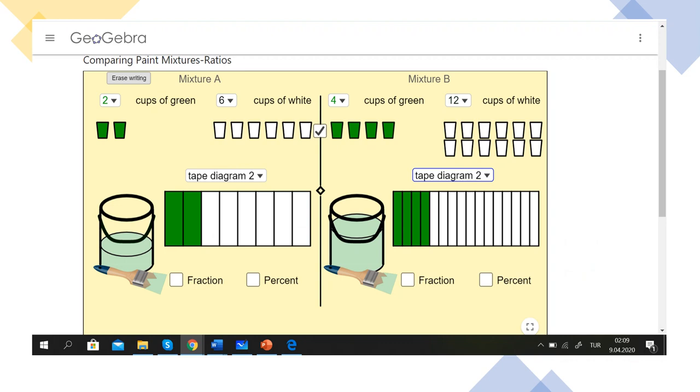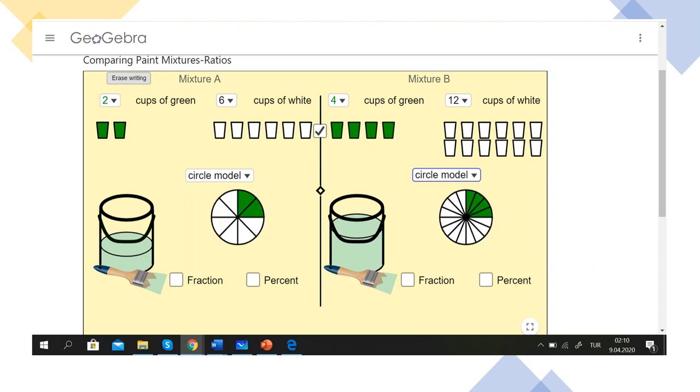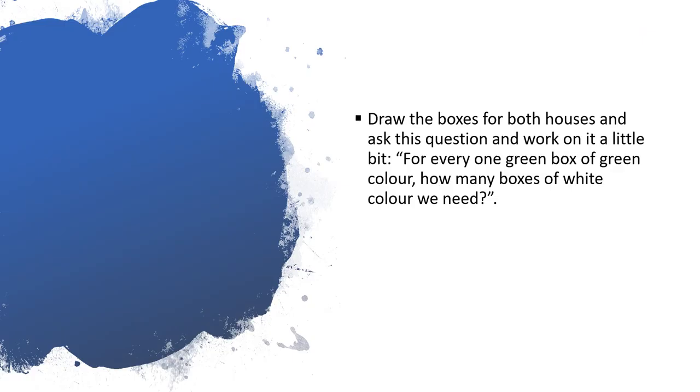You can see 2 cups of green in one representation and 6 cups of white in another. The total of it is 8. In mixture B, you can see 4 cups of green and 12 cups of white, and the total of it is 16. I think the third one is more like the second one, so I don't want to explain it to you.